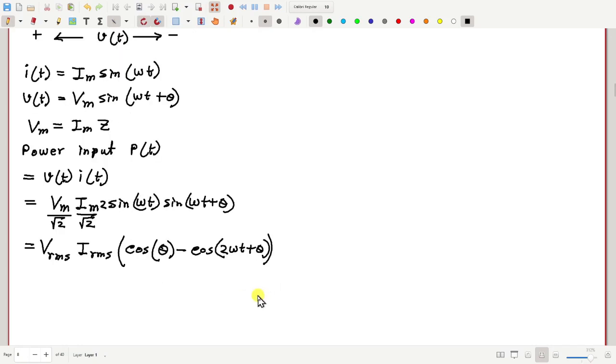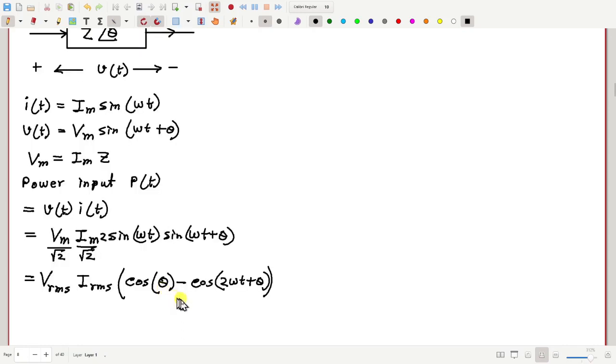So we have these two terms, and this power is a function of time. So power input will also change periodically, cyclically.